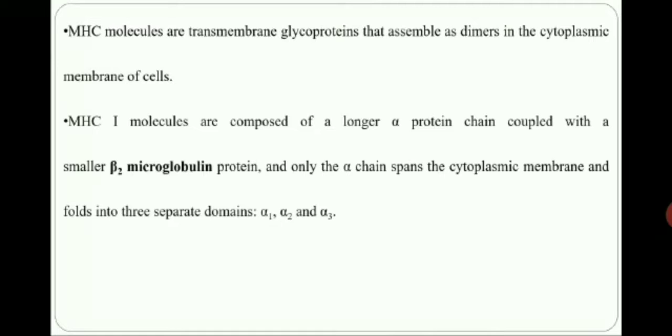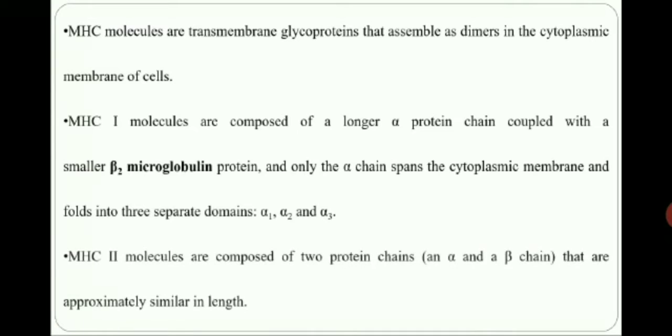The alpha chain in the class 1 MHC molecule spans the cytoplasmic membrane and is folded into three separate domains, alpha 1, alpha 2 and alpha 3. While class 2 MHC molecules are composed of two protein chains, alpha and beta, which are approximately similar in length.